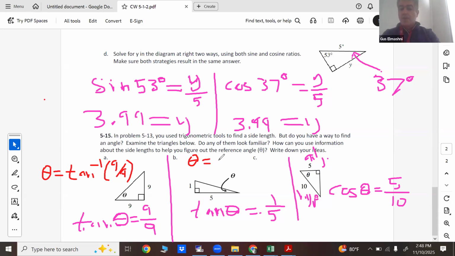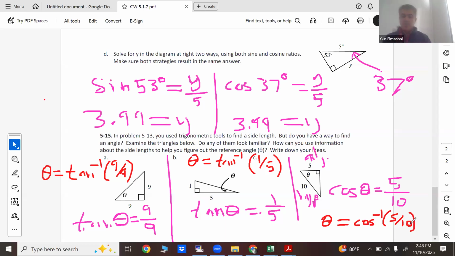So you do the inverse trig function, which helps you undo the trig function and solve for the angle. So it's just a feature that you utilize in the calculator. And your theta, because we're doing cosine, is inverse cosine of 5 over 10. And you work out each case.